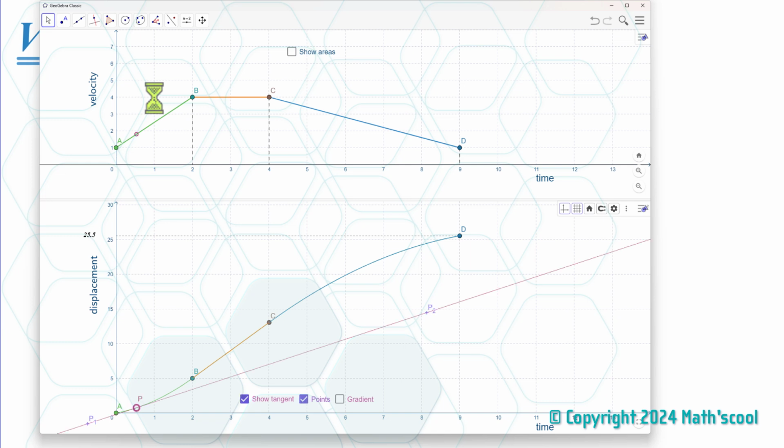So again, I'm going to do the same thing. Let's have a look at the gradient here. Wherever I choose on here, the gradient is 4. I'm going to pick some points, say I'm about here on my line, and I'll pick this point here. I've lost the other point, haven't I?